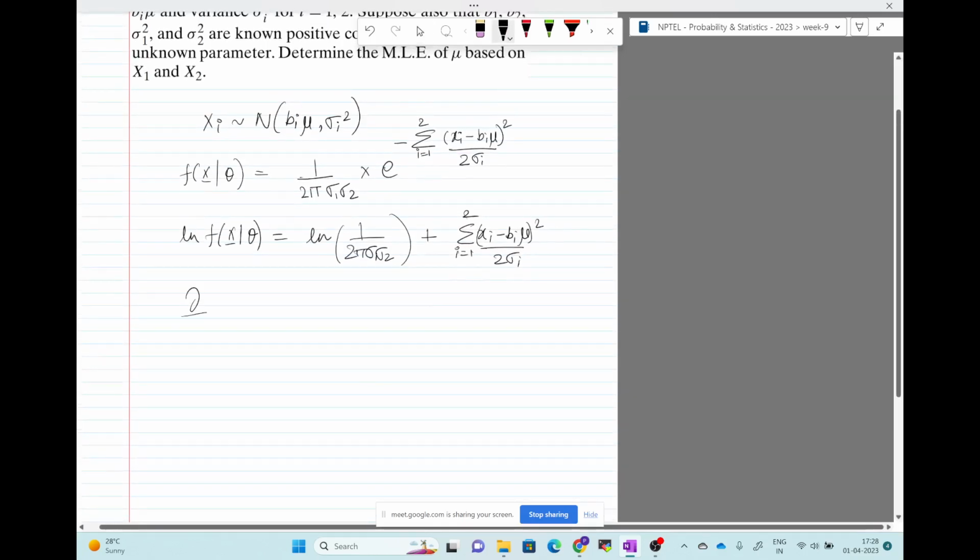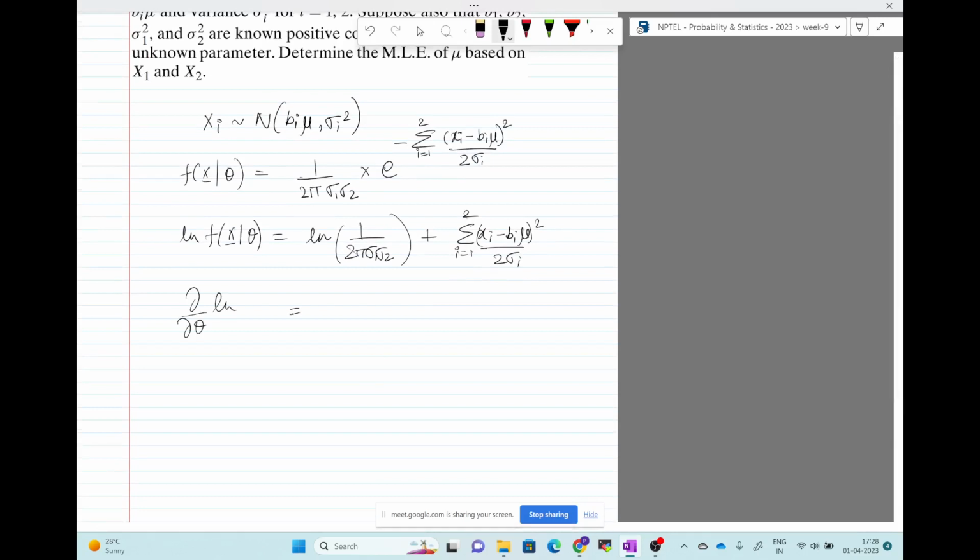And we can take the derivative. So this term will go to 0 because it is to mu, no? So here it's mu.